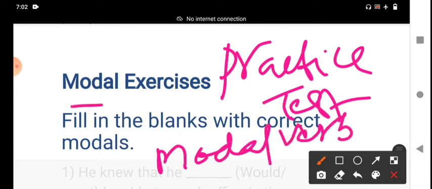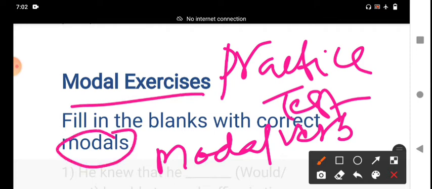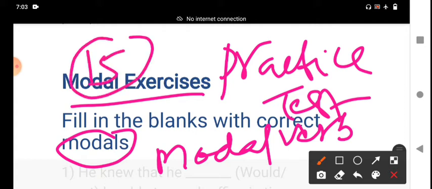It is an exercise of filling the blanks with the correct modals. We have given 15 questions, and each question carries only two options. We select the more appropriate, more suitable modal verb in that blank.